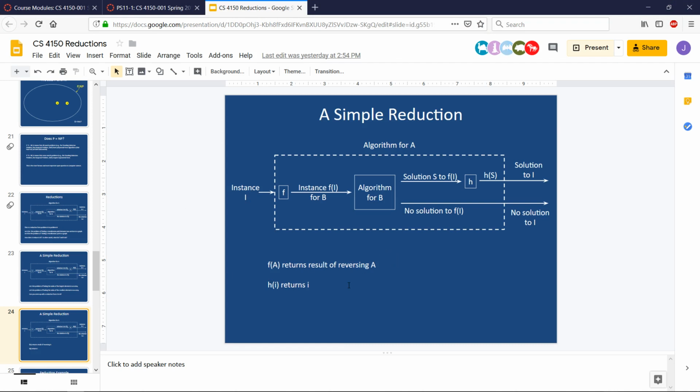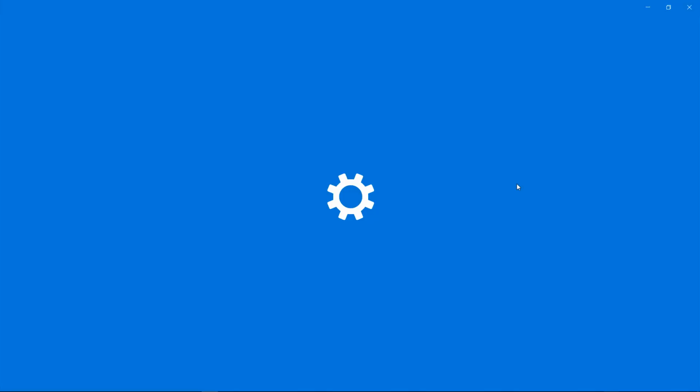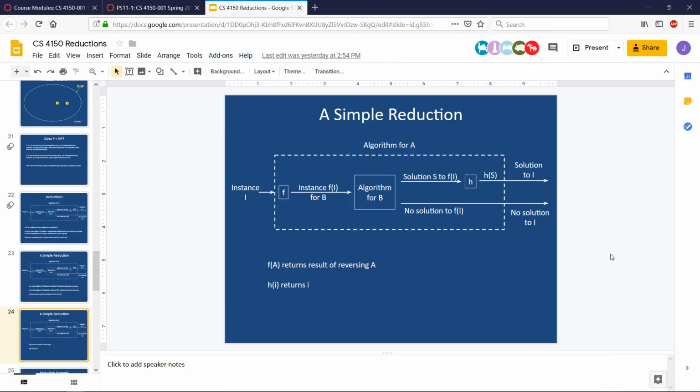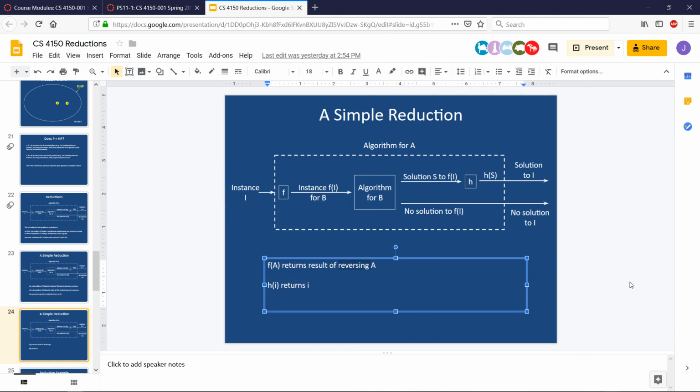Okay, so what he said was f of A returns the result of. What did I do? It gets in this mode sometimes where I can't type from the keyboard when I'm running these slideshows. So I'll just have to remember to fix it after class. Now it gets in a mode where it won't show anything. Right, I'll just do it this way.